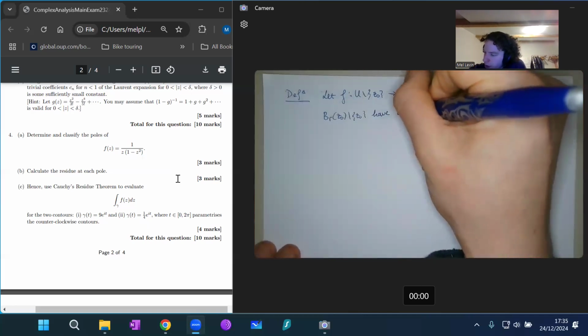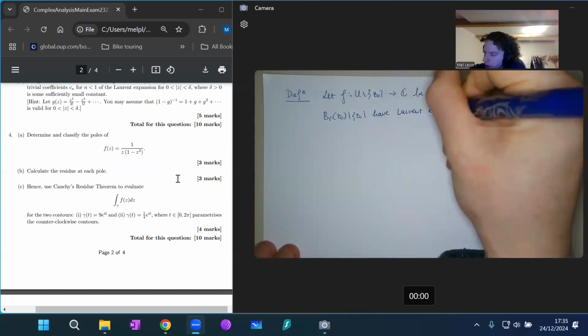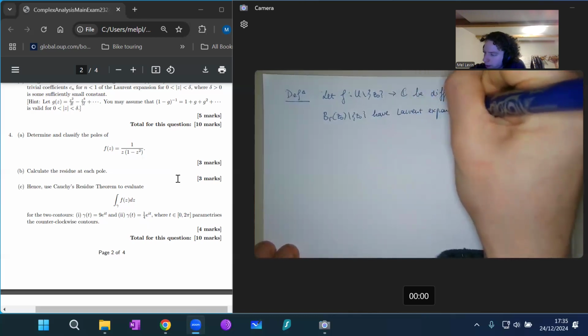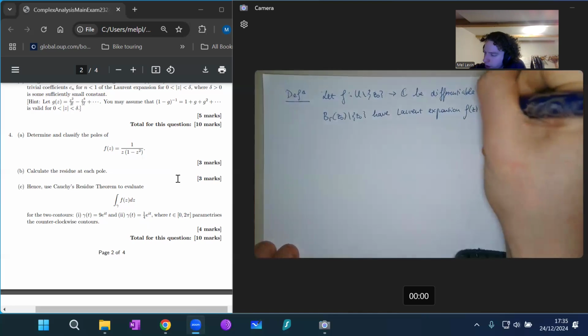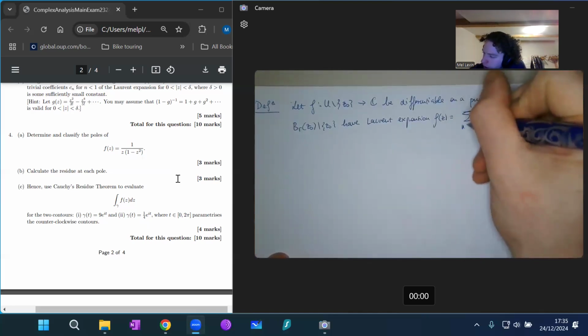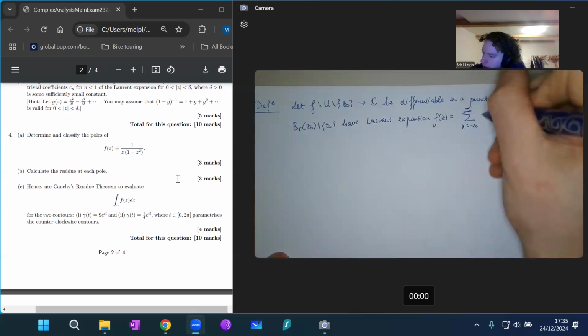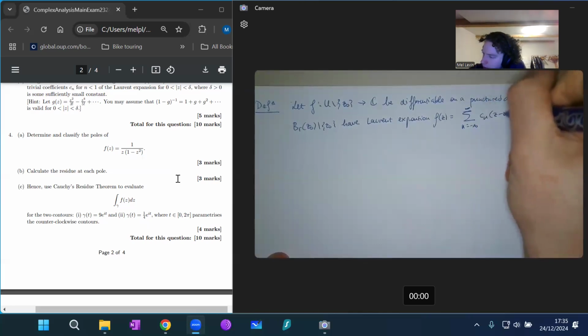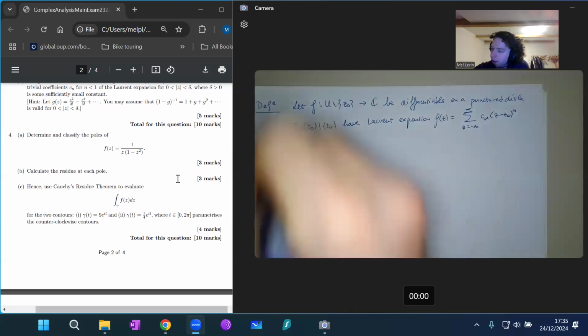So we have the Laurent expansion f(z) equals the sum from n equals minus infinity to infinity of c_n (z minus z naught) to the n, okay?